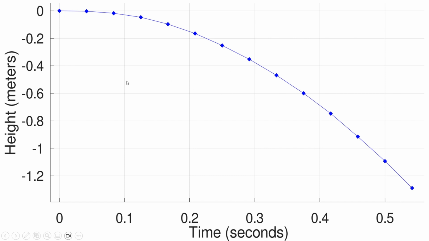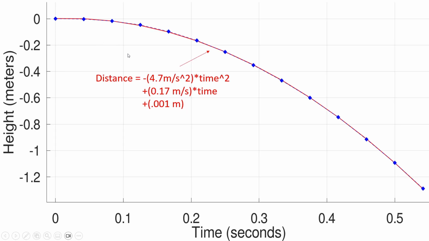Like I said previously, we could ask the computer to generate a mathematical model that gets as close as possible to all of these data points, and we can tell it that we want that model to be a parabola, so something proportional to time squared. Remember, a parabola has three terms: the independent variable squared, the independent variable, and a constant.